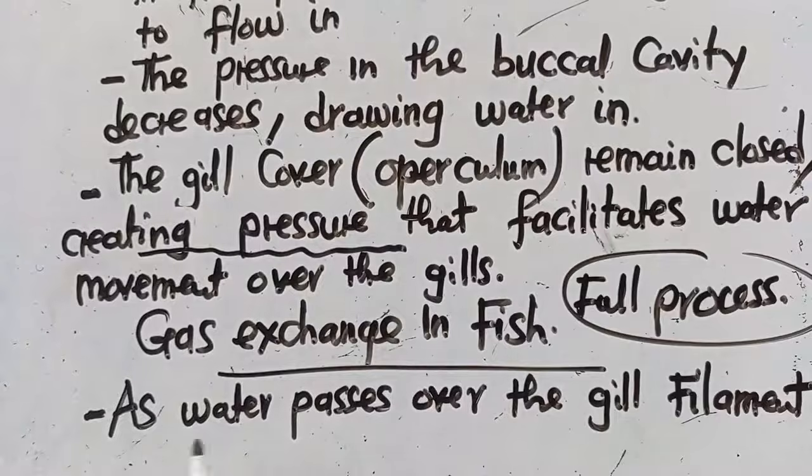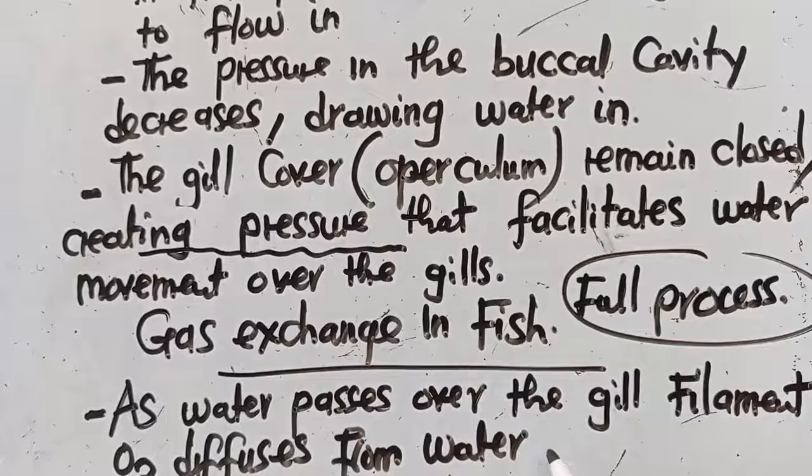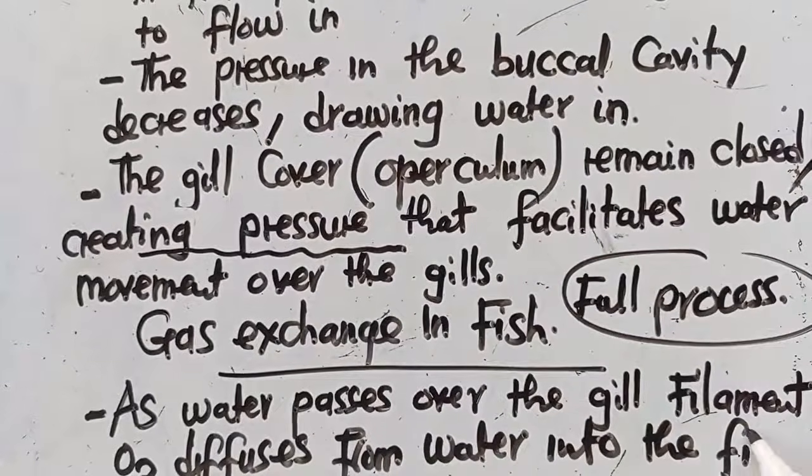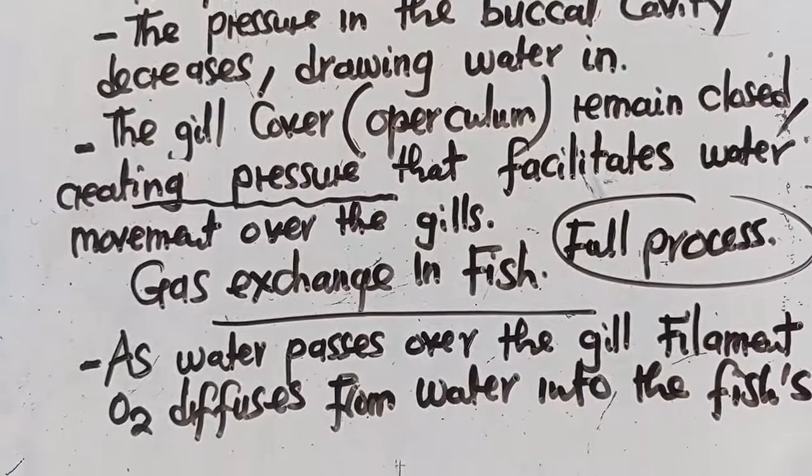So as water passes over the gill filament, oxygen diffuses from water into the fish bloodstream.